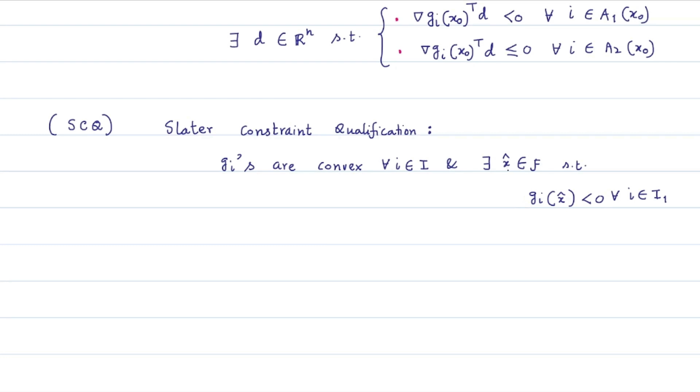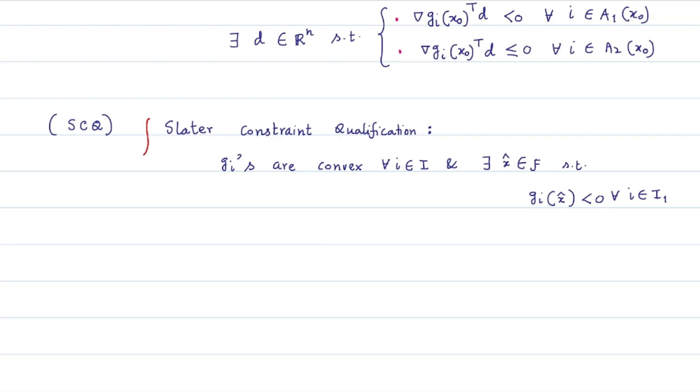So crudely, x hat is an interior point to the non-affine or nonlinear constraints, and x hat must be satisfying all the affine constraints. So some kind of non-emptiness of the interior of the feasible region is assumed in the Slater constraint qualification.